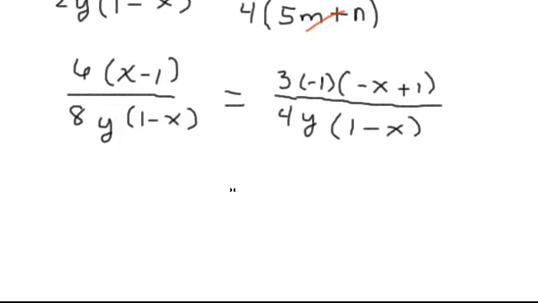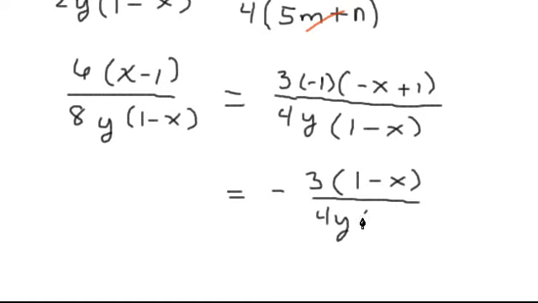Now I can rewrite this. I'm going to put this negative out front, bring the negative out front. We have 3 1 minus x over 4y 1 minus x.